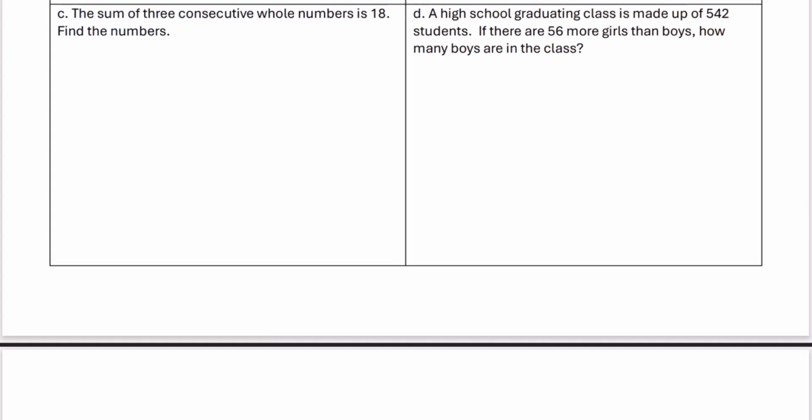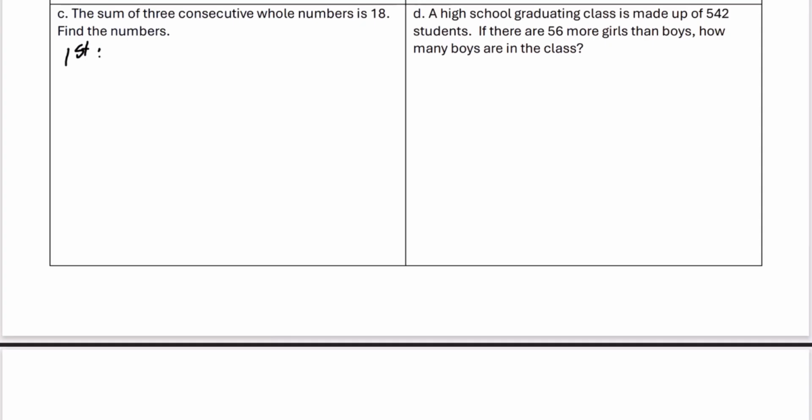In part C, the sum of 3 consecutive whole numbers is 18. Find the numbers. Here we have 3 unknowns, the 3 consecutive numbers. First of all, consecutive just means in order, like 1, 2, 3. They are in order, they are consecutive. So let's think about that.